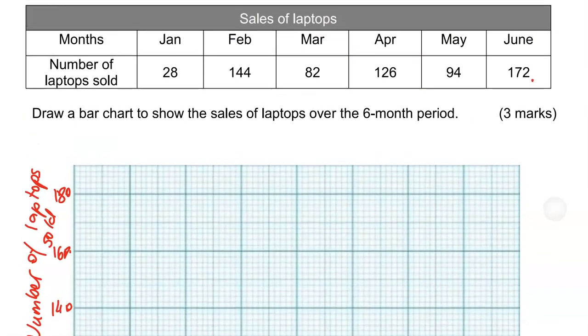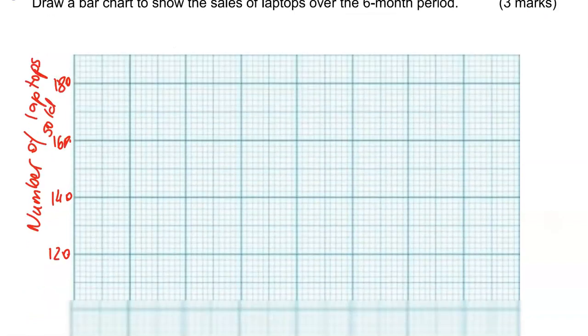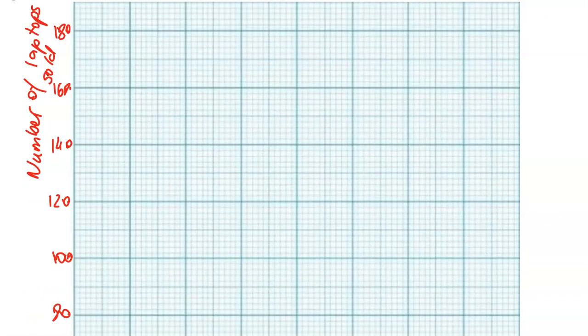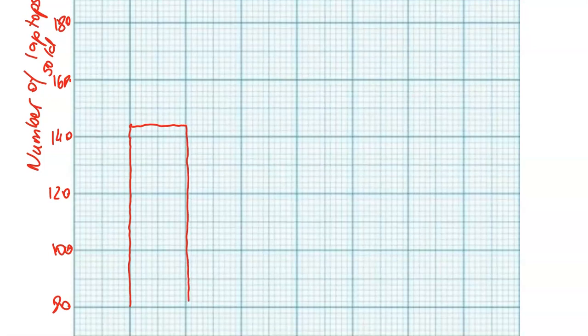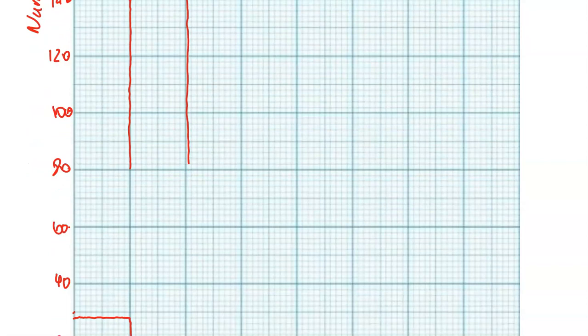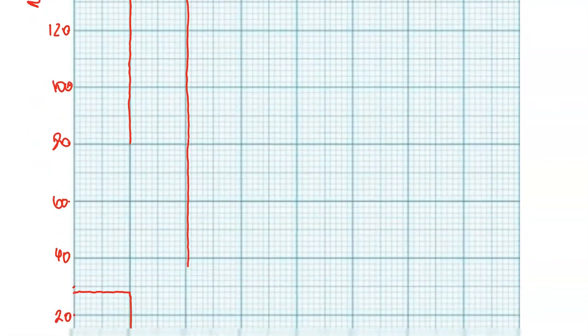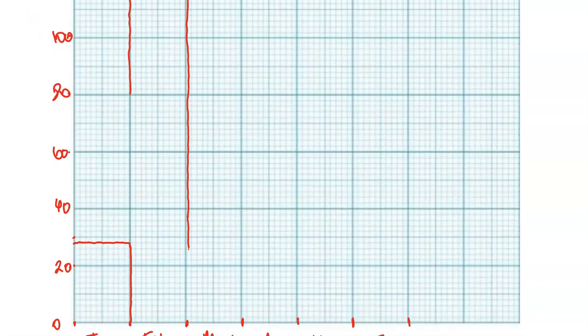Goes to 144, quite a jump. So there is 140, 144 will be here. Again, make sure you use a ruler when you do this on paper. So these are straight lines.